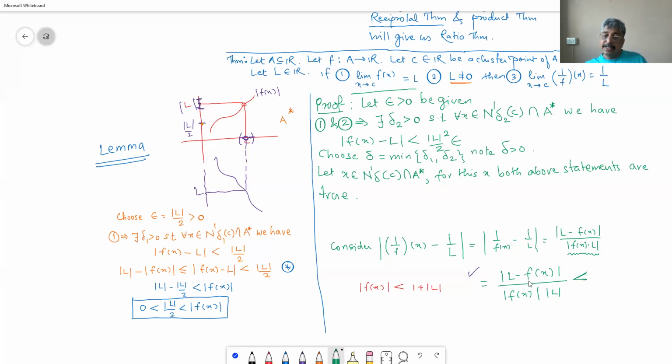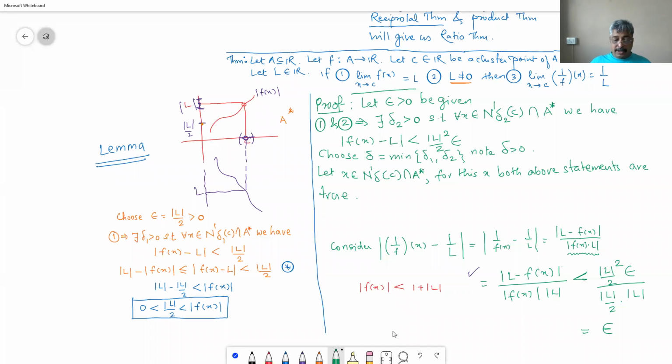So this is less than, this has to be replaced by mod L square by 2 times epsilon divided by, mod f of x is greater than mod L by 2, therefore this is mod L by 2 into mod L into mod L, which is equal to epsilon.